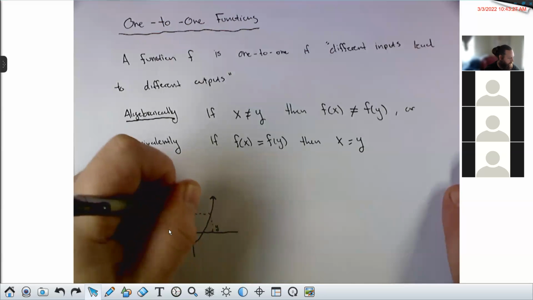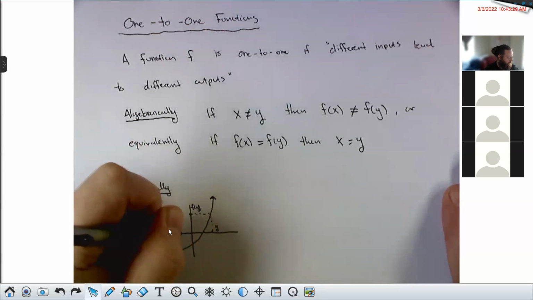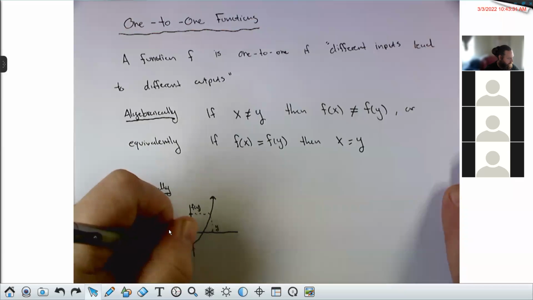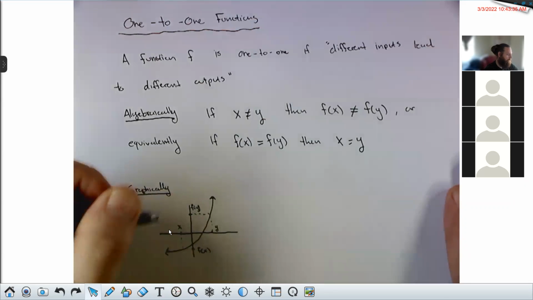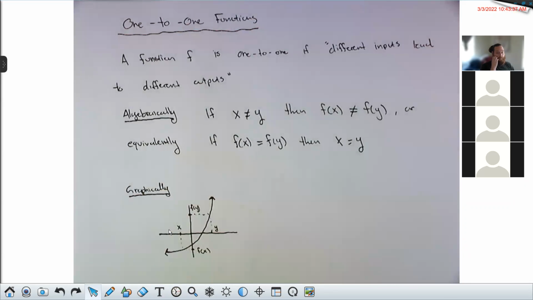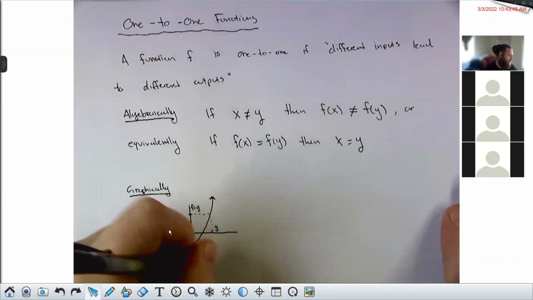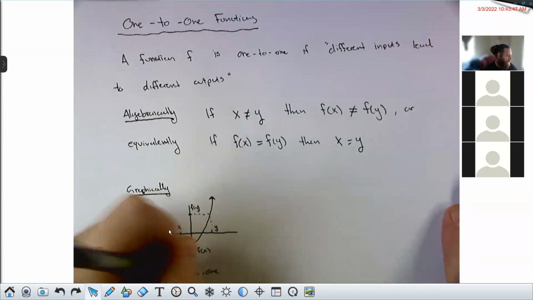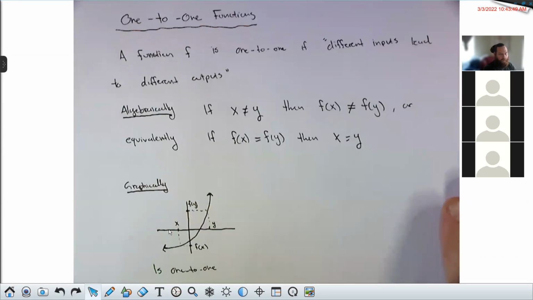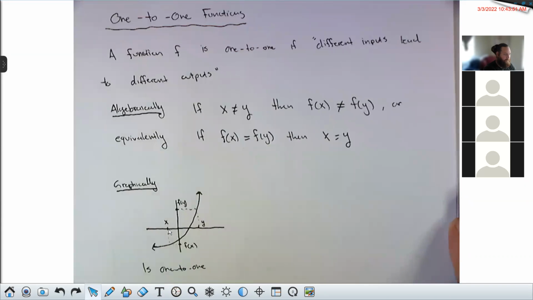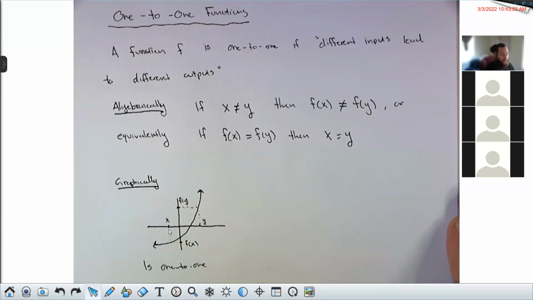This would be f of y, and this over here would be f of x. This is 1-to-1. Graphically, the more interesting thing is to ask yourself, what does it look like for a function to not be 1-to-1?